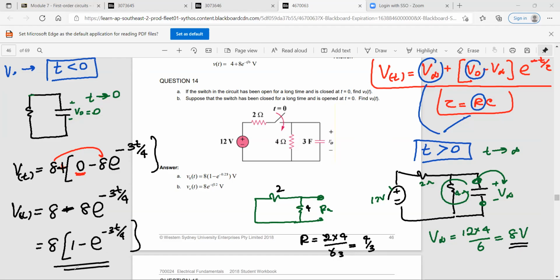Yes, guys, so we have the answer. 3 over 4 is 0.75. Yeah, that's okay.